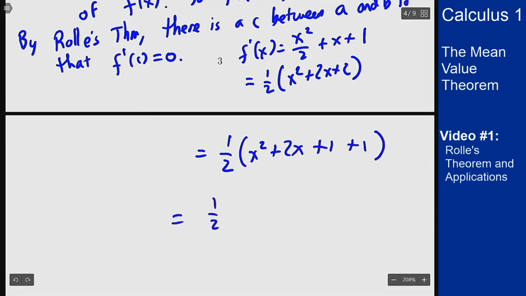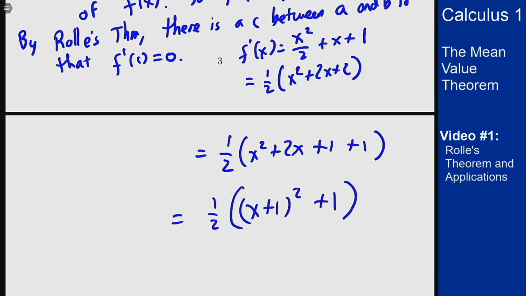So it's 1/2 times x plus 1 quantity squared, plus 1. Think about this graphically, this is a parabola that would just touch the x-axis at -1, but now I've shifted it up by 1. This function never crosses the x-axis.